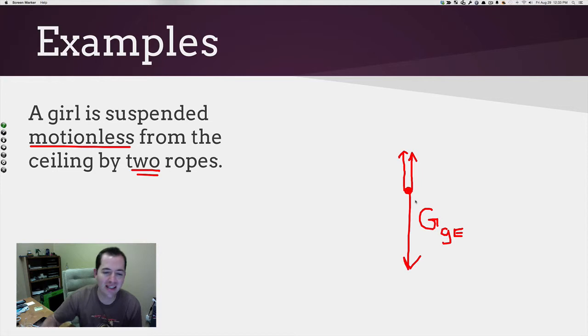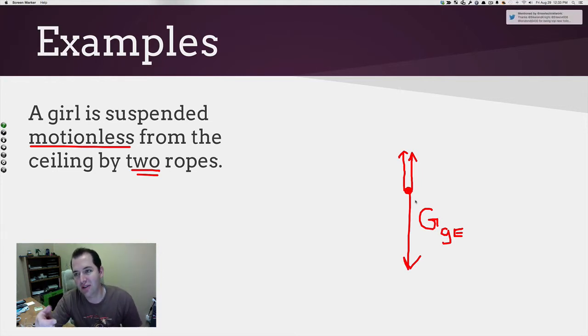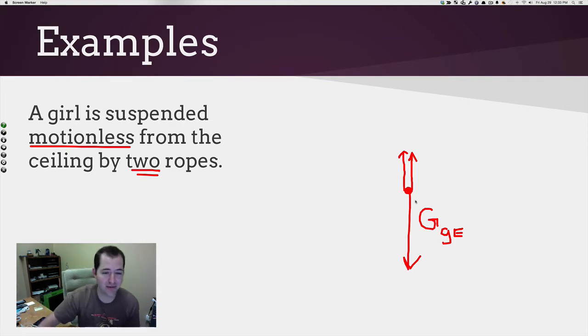So what type of force is this? If you noticed in the beginning we talked about types of forces. Tension is our force that deals with ropes or strings or cables or anything like that. So we have the force of tension, and we're going to say it's on the girl, and I'm going to keep it the same because we've got our lowercase g down here.